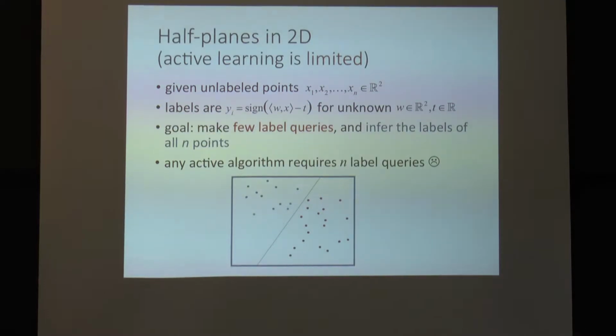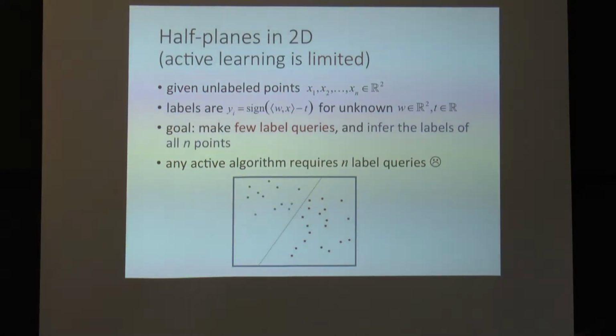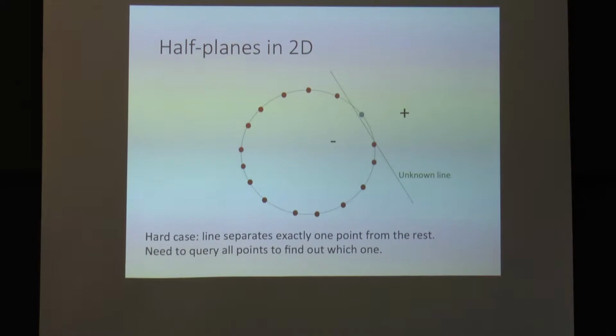So I claim that here, any active learning algorithm must sometimes ask all the label queries. And the counterexample is simple. You just put your points in convex position, say on a circle. And the observation is that for every point, there is a line which separates it from the other points.